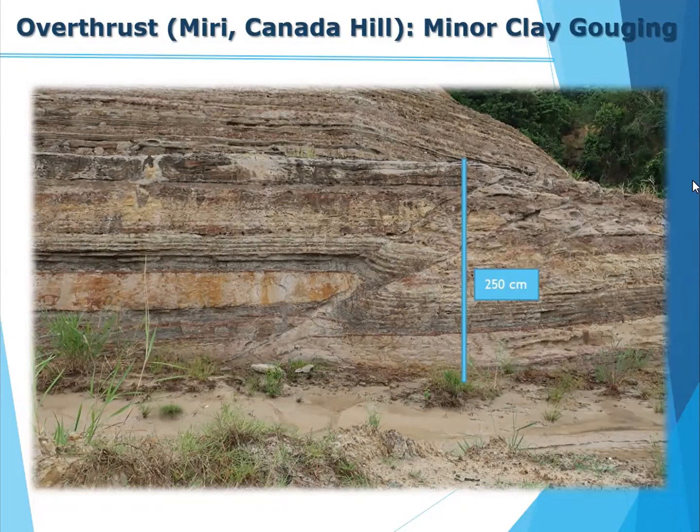Long faults also have more width and have more clay gouging than tiny ones. I mean, there are not really long faults which have only very, very thin clay gouging. No, it doesn't exist. Clay gouging is also as good or as promising in reverse faults or thrusts as it is in normal faults.